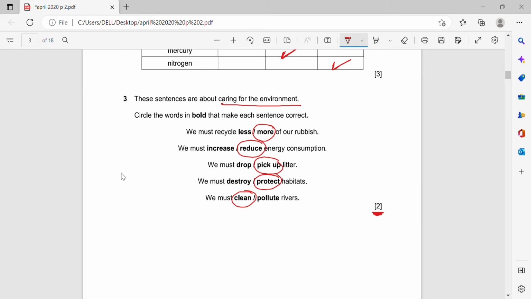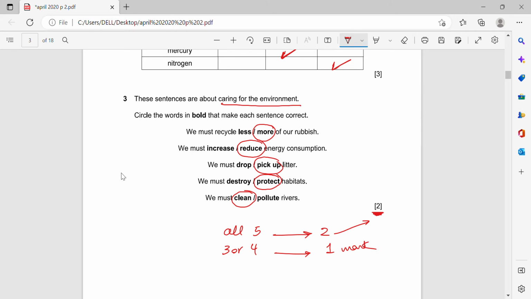This question is out of 2 marks. We have here 5 points. If you got all the 5 correct, you get the 2 marks. If you got 3 or 4 correct, you get only 1 mark.